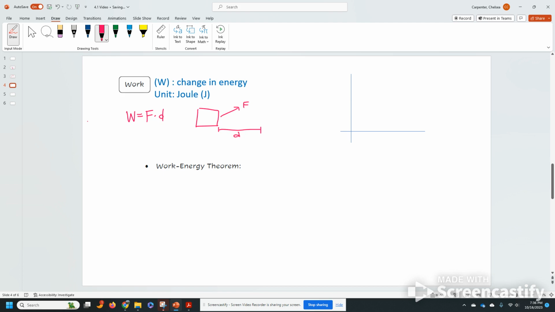The further I pull this object, the more energy it's going to require from me. So that distance is what we multiply by, but we only multiply by the parallel component of the force. So if this is at an angle, it's going to be the cosine component. So you can either say F parallel times the distance, or our equation is going to be F d cosine theta to figure out the work done by a force.